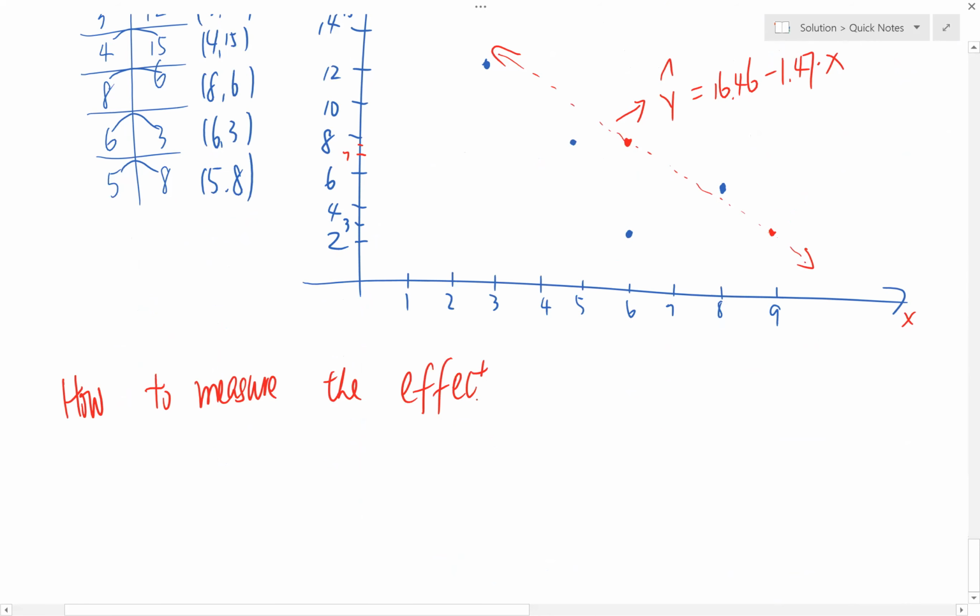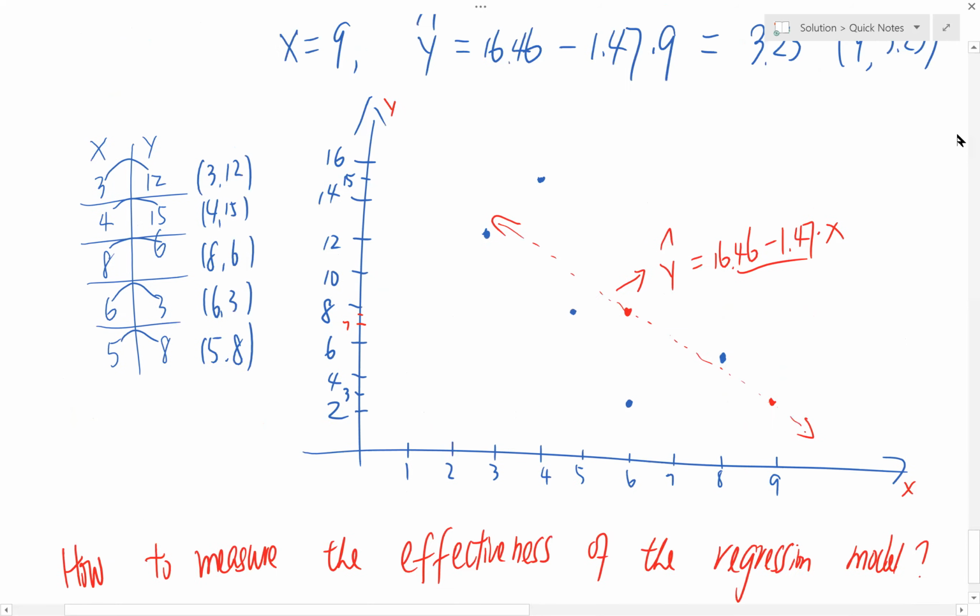Sometimes the model is not that effective. We come up with this regression model, but you want to find out how effective it is, and we use R squared. Basically, you just square R.